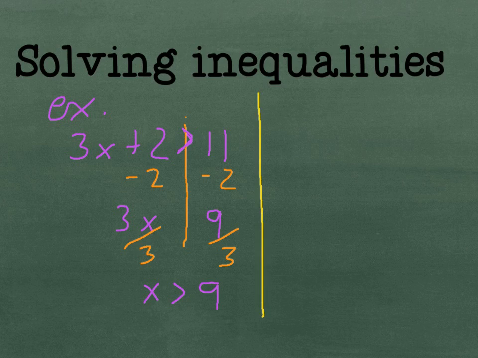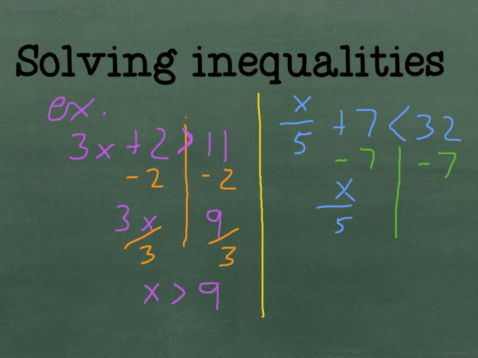On this side, I want to do x divided by 5 plus 7 is less than 32. Again, pretend that you've got that wall here so that you can work. And then we want to subtract the constant. So now I have x divided by 5, and 32 minus 7 will give me 25.